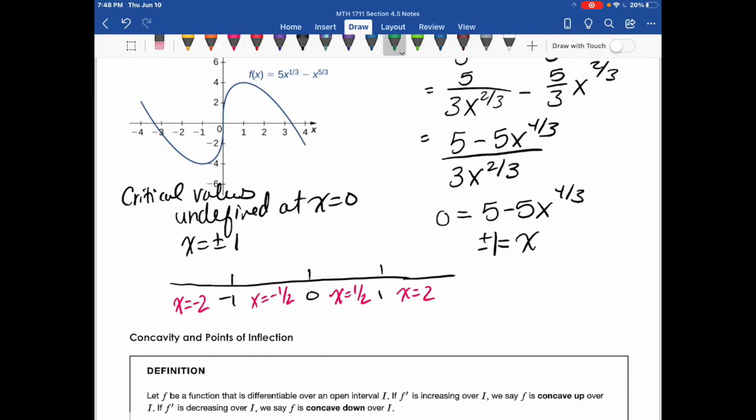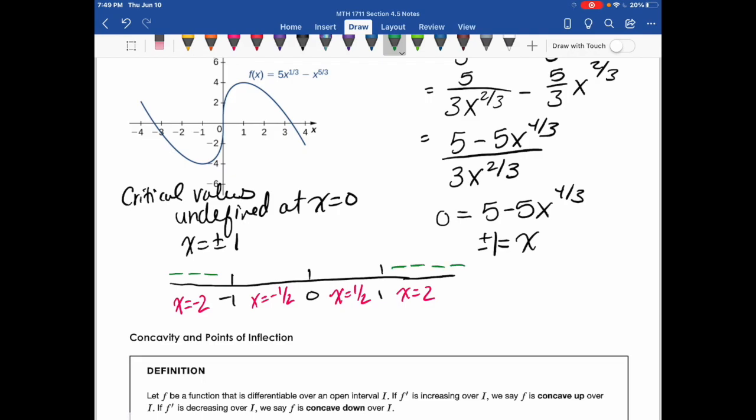Now, when I plug in my test points to my derivative, I'm going to get that the function is decreasing on the interval from minus infinity to -1 because the derivative is negative on that interval.